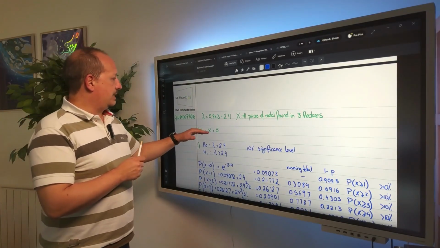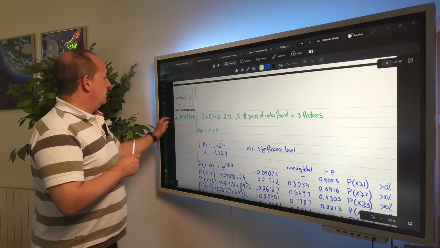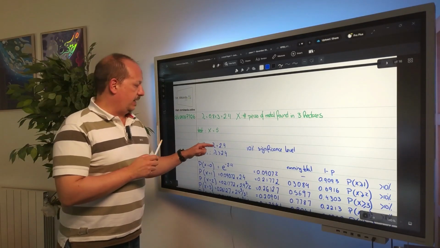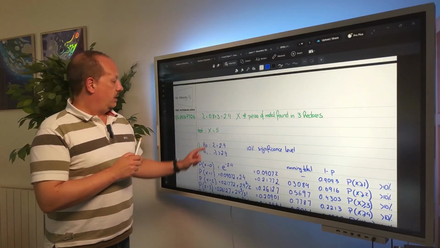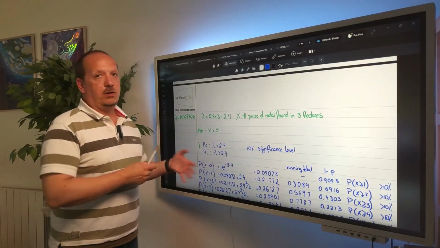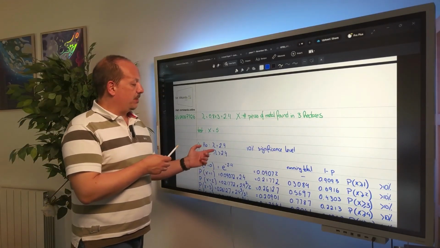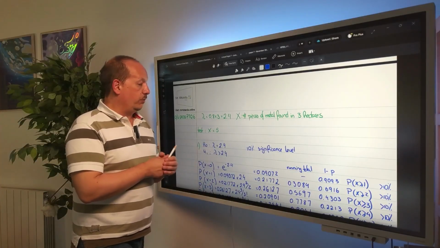So we are going to test X equals 5 at a 10% significance level. The null hypothesis is that lambda equals 2.4, and the alternative hypothesis is that after plowing, the number of pieces of metal found increases. This corresponds to lambda being bigger than 2.4.